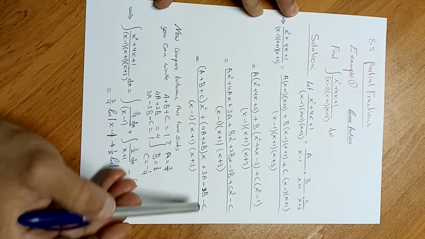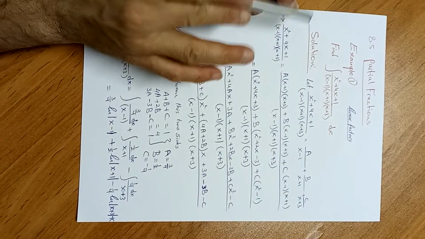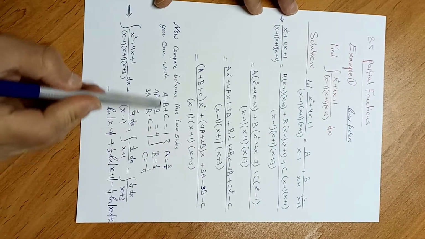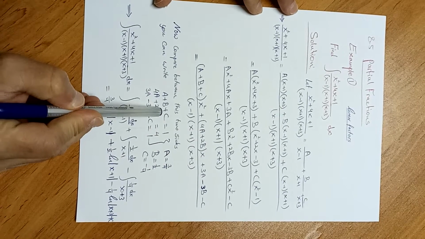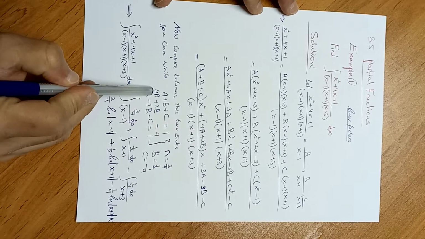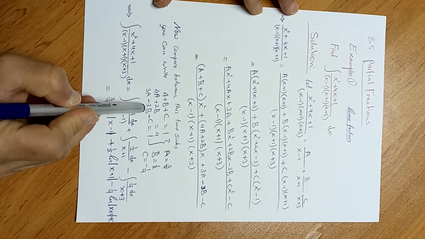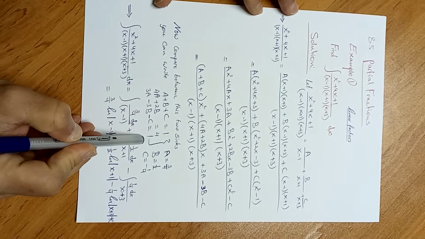So when we compare the numerator of the left hand side and the numerator of the right hand side, we get a plus b plus c equal to 1, 4a plus 2b equal to 4, and 3a minus 3b minus c equal to 1.